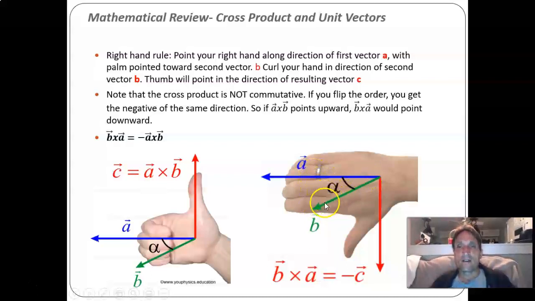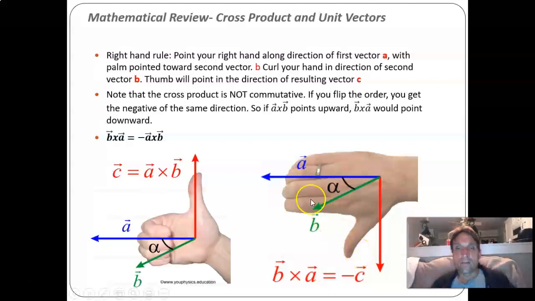Fingers along B, palm pointing toward A, and then you curl your fingers from B toward A, and your thumb points downward. That's the opposite direction to A cross B. So if A cross B points upward, B cross A will point downward. They'll still have the same magnitude because they have the same angle between them and the same magnitudes of A and B, but the direction will be flipped.